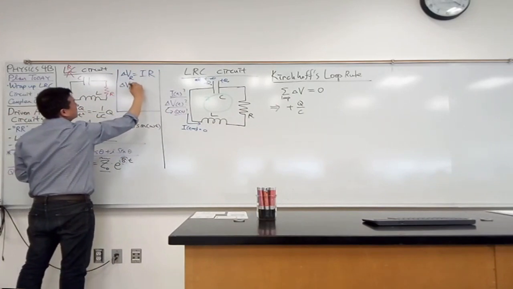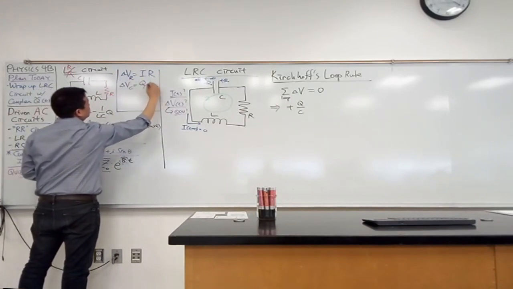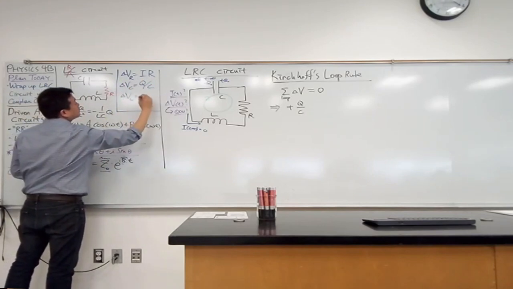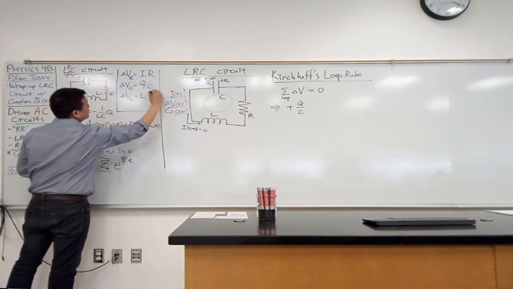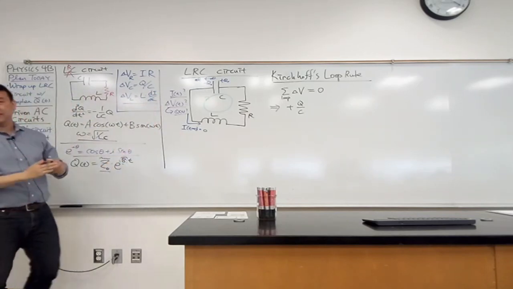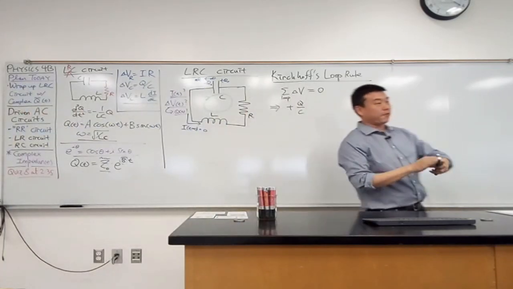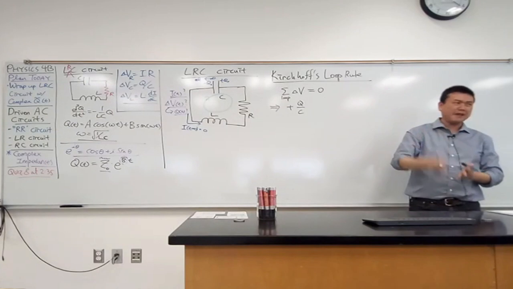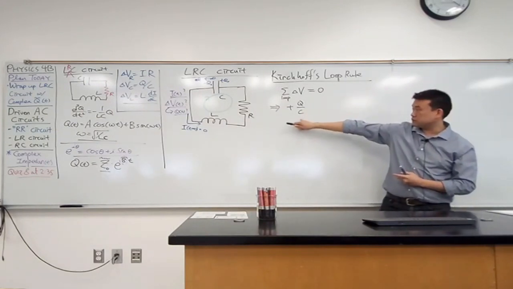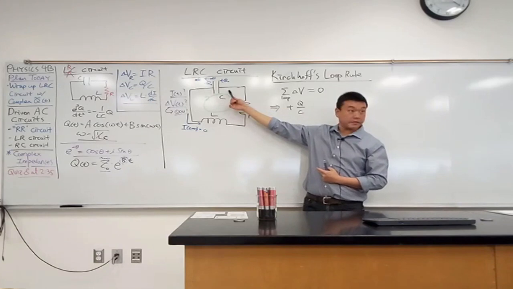Voltage change across a capacitor is the charge divided by capacitance. Voltage change across an inductor is inductance times di dt. So you should have it memorized and have it on your formula sheet, really. So that's the voltage rise as I go across the capacitor.